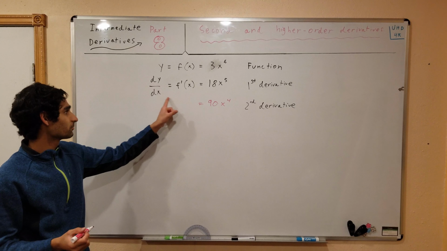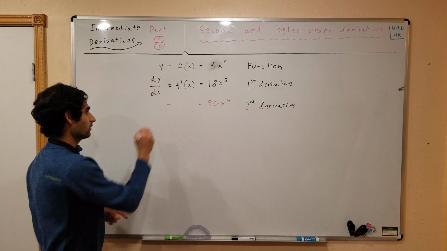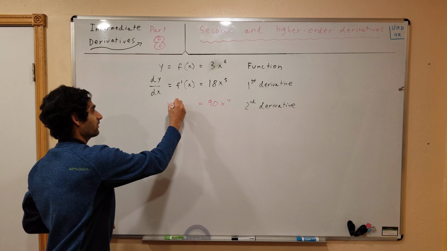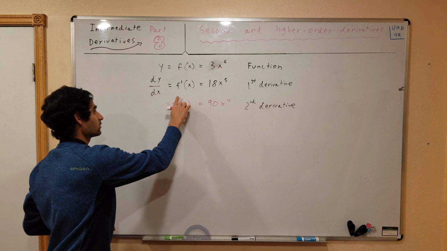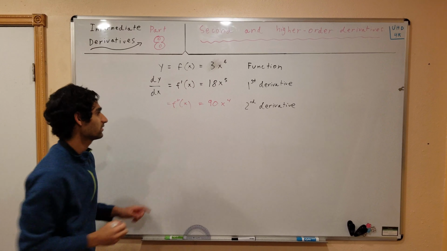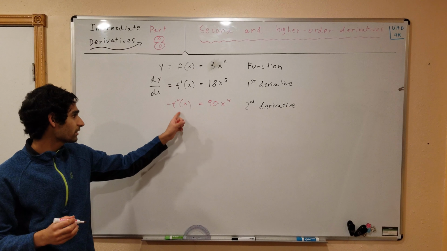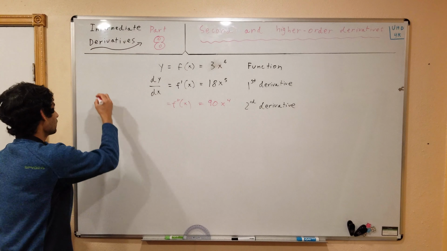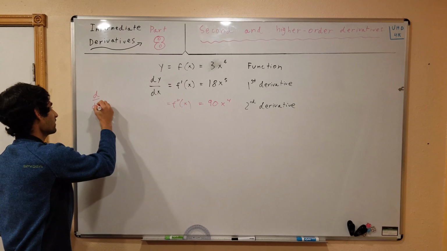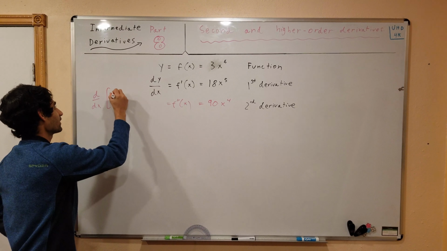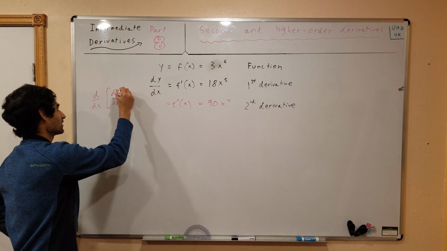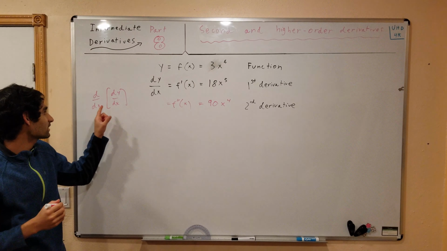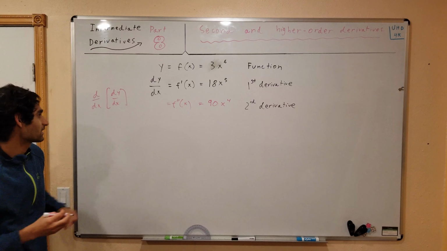But what notation do we use over here? Well, this is actually going to be written as f double prime of x. So we're going to write 2 tick marks over here. So this just means the derivative of the derivative of f of x. What notation do we use here? Well, all we're doing is we're technically just taking the derivative with respect to x of dy dx. So we're taking the derivative with respect to x of the derivative of y with respect to x.